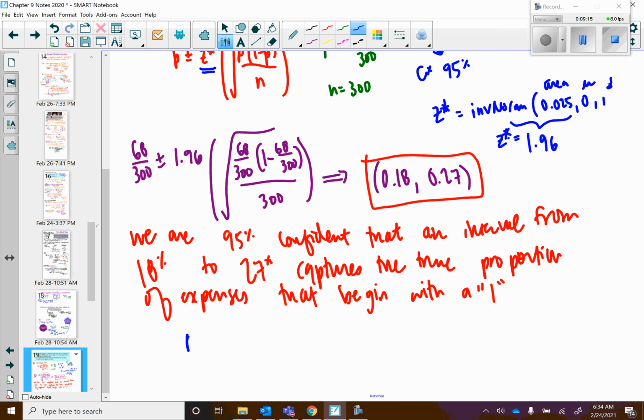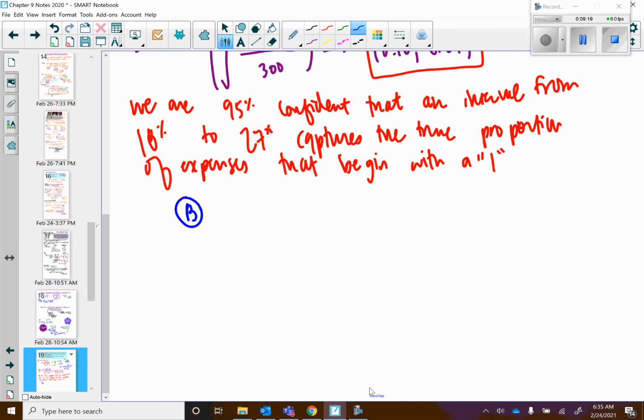B says, should the company be investigated for fraud? And if you remember, they said, if there is no fraud, the true proportion is 0.301. The interval we got is 0.18 to 0.27. And this question has been asked a lot.